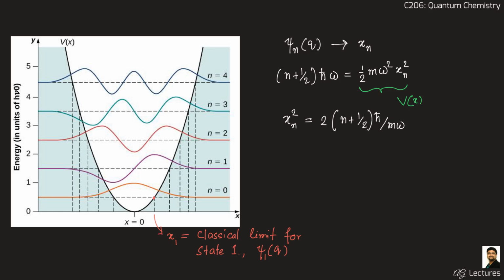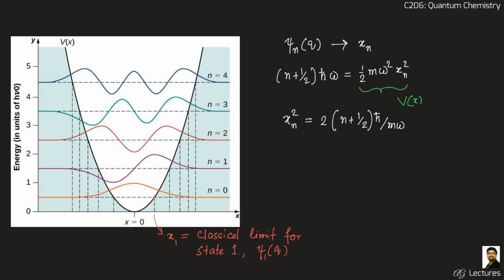But in this classically forbidden region the wave function is quickly decaying, and the particle is actually oscillating between the classical limits. I can pretty much take this approximation, and then we get the maximum value for x square to be this.